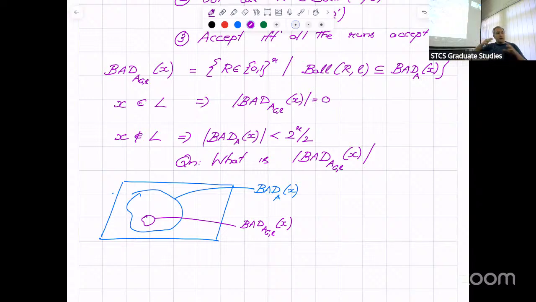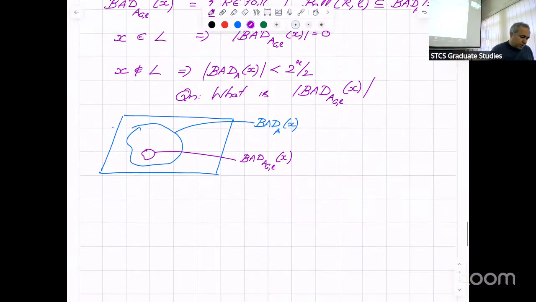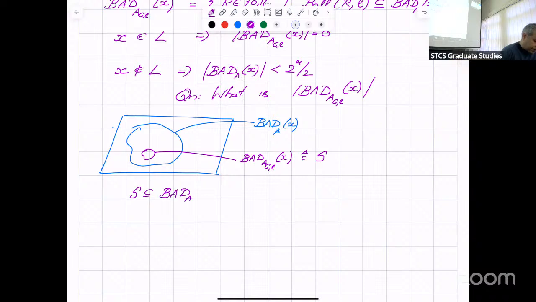Not just that, if you even take L times the neighborhood, it is still contained in this. So I want to claim, define the set S, that S is contained in bad AX, and the neighborhood of S is contained in bad AX.